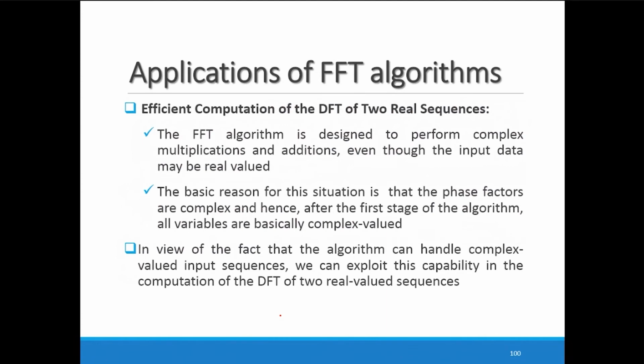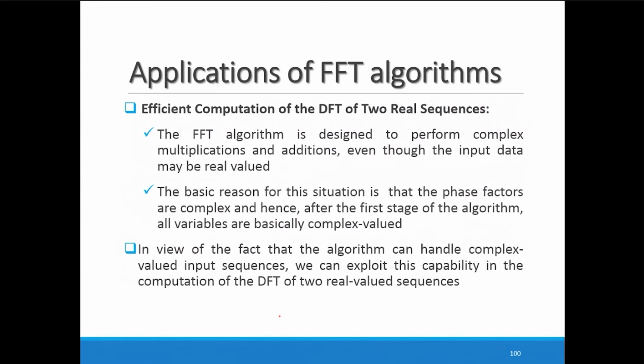In the FFT algorithm, the design itself is like this. We have to perform complex multiplications and complex additions. So whether the input data is real or complex, the output is always in complex form. The basic reason for this situation is that the phase factors are complex.